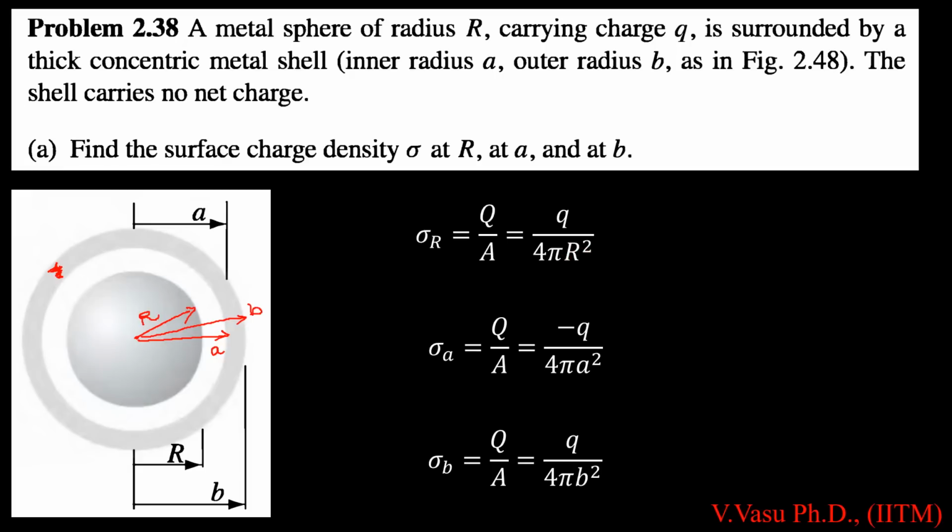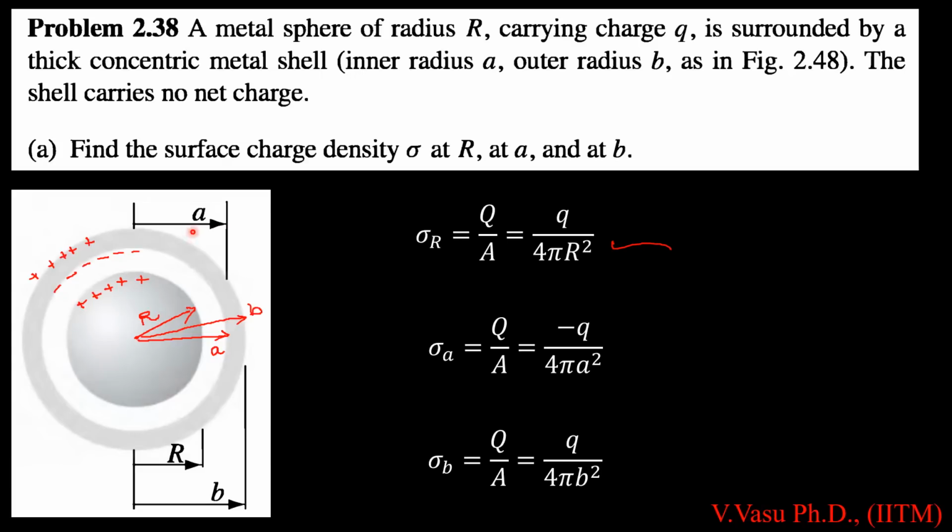So this is the surface charge density at R. Remember that here it is a positive charge. The surface of the sphere has positive charge. Naturally, the inner surface of the shell will have induced negative charge, and the outer surface of the shell will have induced positive charge, so that the net charge will be 0.